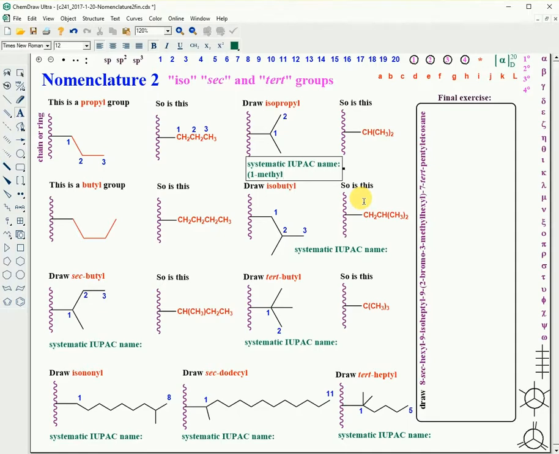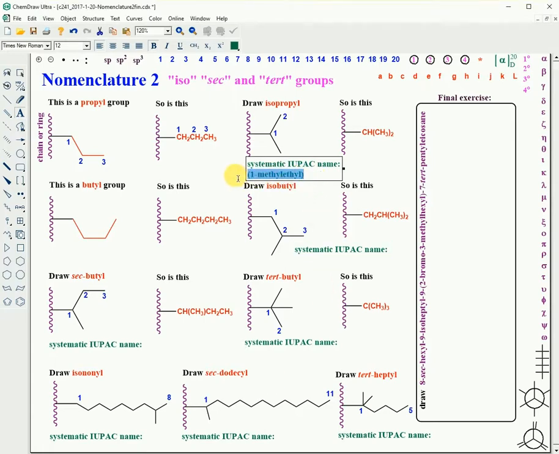It's a methyl group attached to an ethyl. The reason we need the parentheses here is because this 1 represents the position in the group where the methyl is attached. It does not represent the position on the chain where the group is attached. We will address that later.